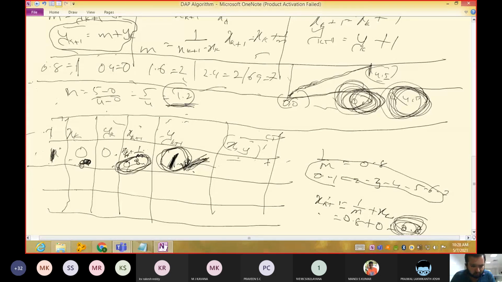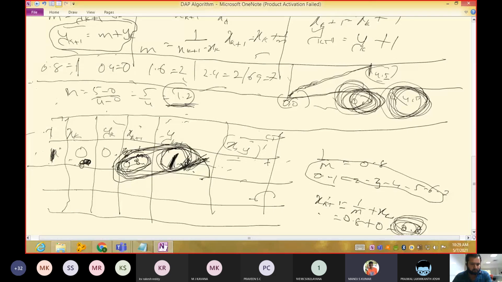Did you understand this so far? How we got 0.8 here and how we got 1 here? Is it understood? So now what will be your new x comma y? Here xk comma y was 0. Now the new x, y values will be 0.8, 1.